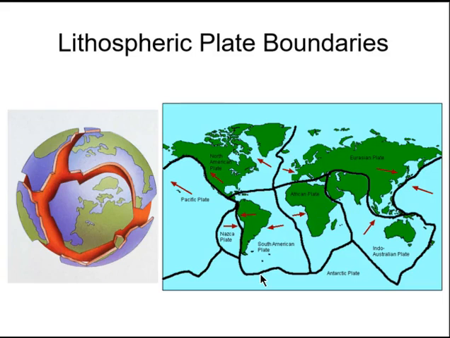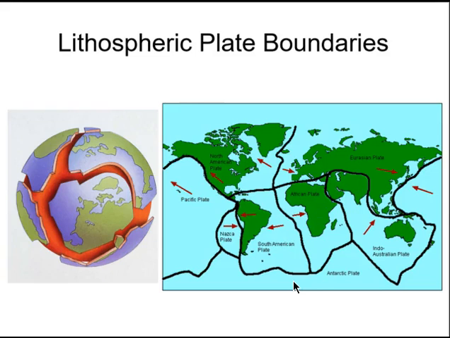Okay. So what we end up with on our planet, because of areas where you have heat coming out and forming new rocks and areas where old rocks are being destroyed and going back into the earth, is what we call lithospheric plates. And where two lithospheric plates meet, we have a plate boundary. Now the boundary is there and the plates are defined by the direction that they're moving. So a plate boundary is a boundary between two lithospheric plates.